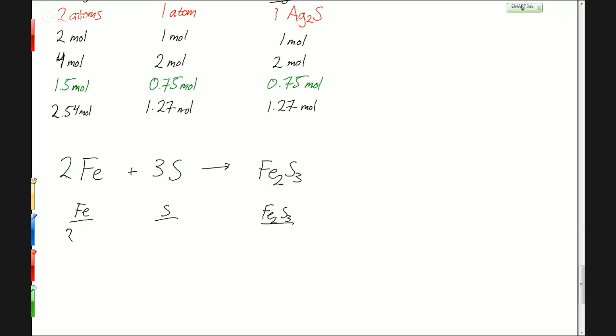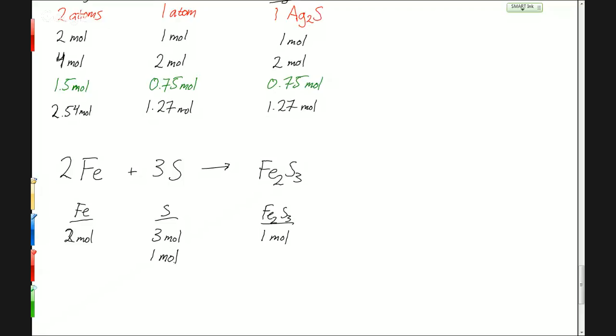So if we had 2 moles of this, we could get 3 moles of that and make 1 mole of this. Let's just pick sulfur. Let's say we have 1 mole of sulfur.